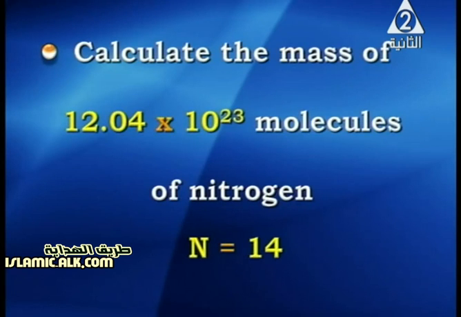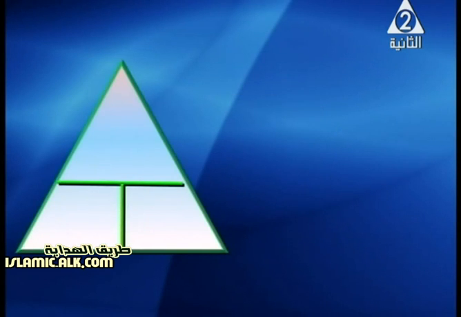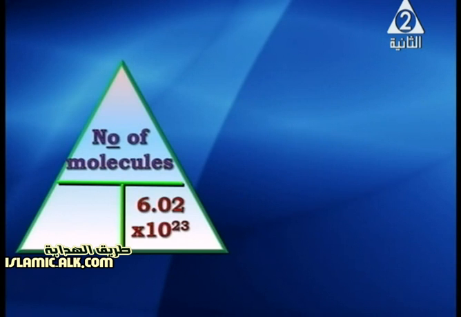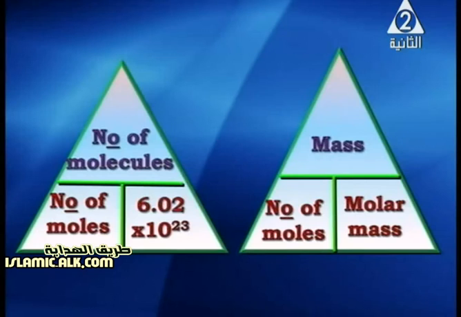For example, calculate the mass of 12.04 times 10 to the power 23 molecules of nitrogen, where the atomic mass of nitrogen equals 14. Solution. Here, my dear student, the number of molecules divided by 6.02 times 10 to the power 23 gives the number of moles. Then multiply the number of moles by the molar mass, and we can get the mass of the substance.